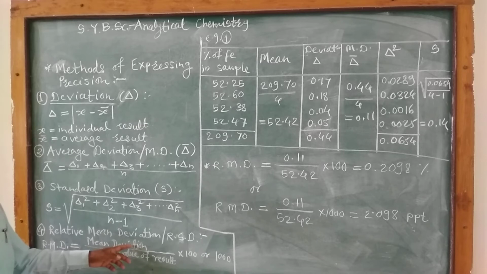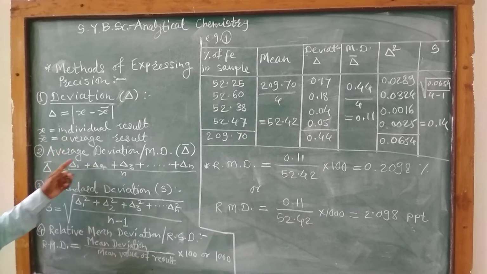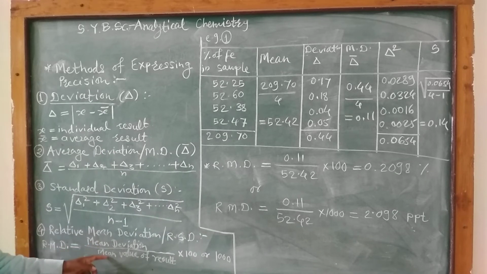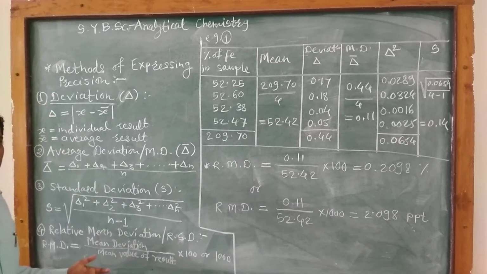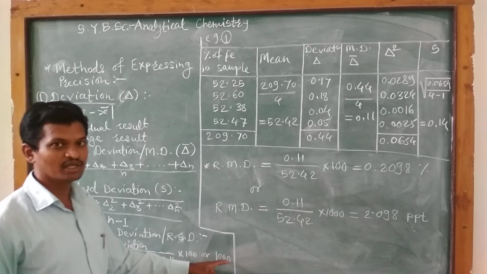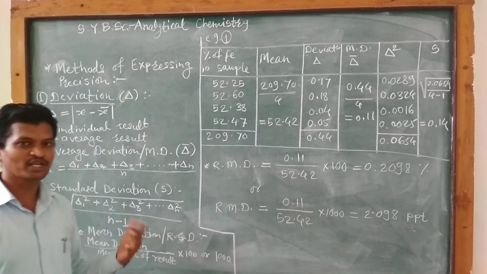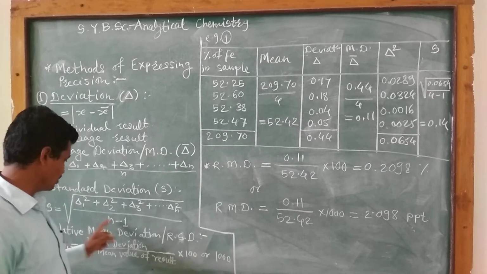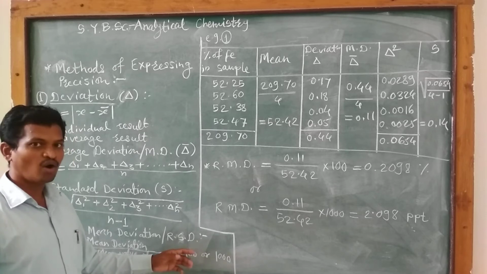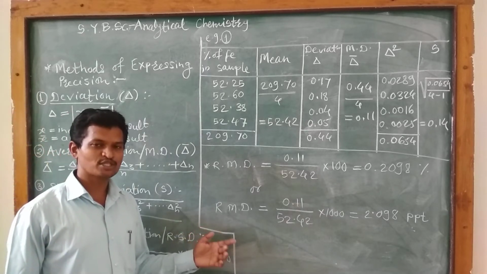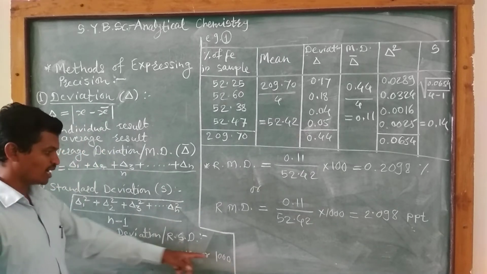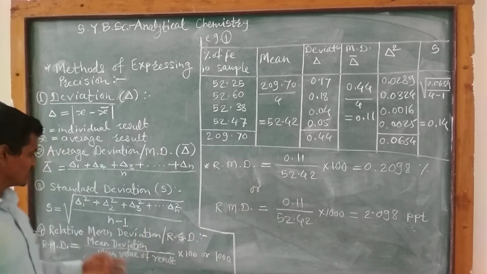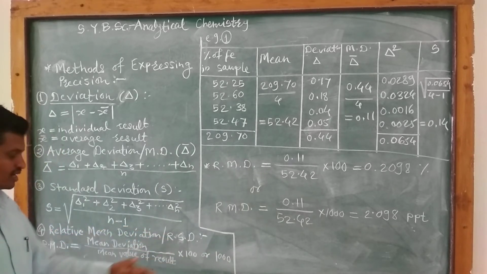It is equal to the mean deviation, which is nothing but the average deviation, divided by the mean value of the result, or average value of the result, into 100 or 1000, because it is expressed in terms of percentage or in parts per thousand. If we have to express it in percentage, multiply this figure by 100, or if we have to express it in parts per thousand, that is PPT, then instead of 100, multiply the ratio by 1000. So this is the relative mean deviation or relative standard deviation.